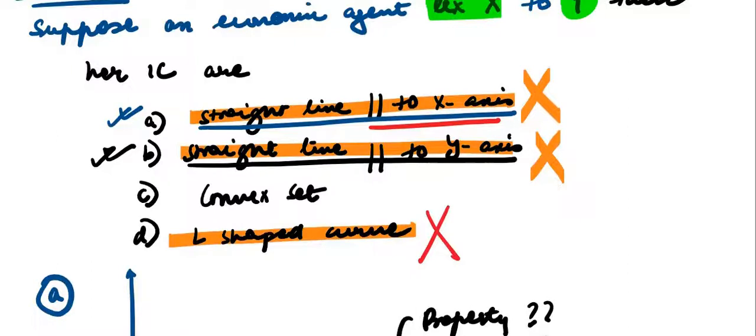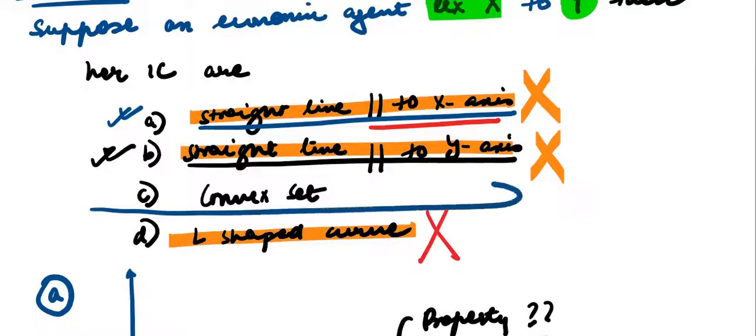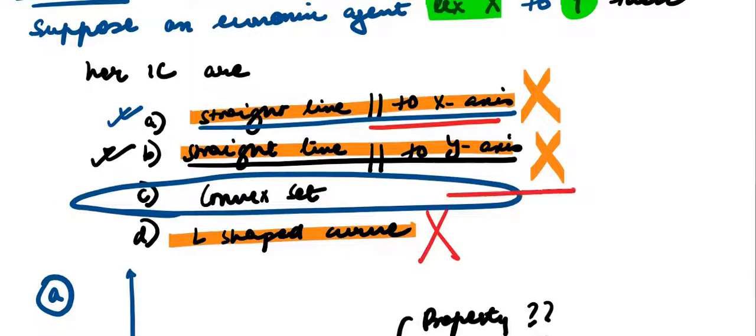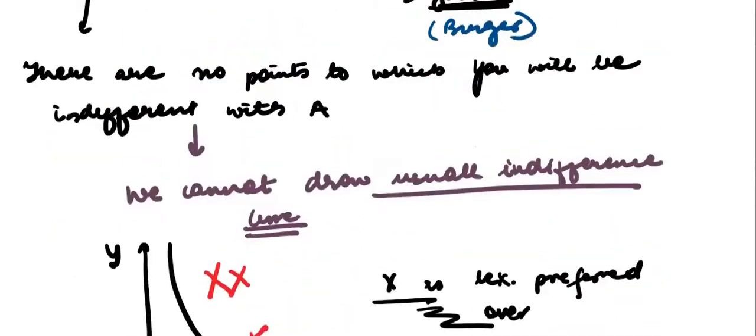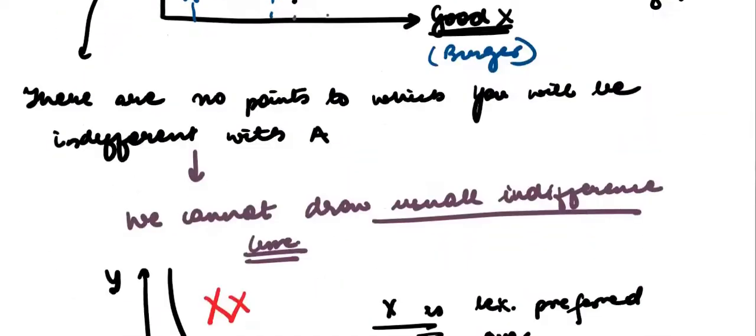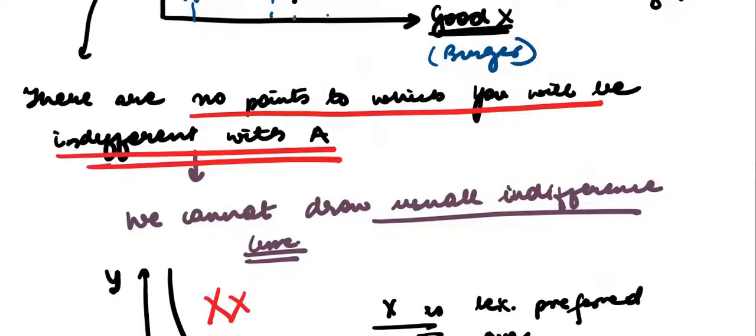Now, what am I left with? I'm left with the concept of convex set. By elimination, I know that this is the correct answer. But let's think about this. When I started teaching lexicographic preferences, I proved to you that no 2 points give you the same level of utility.